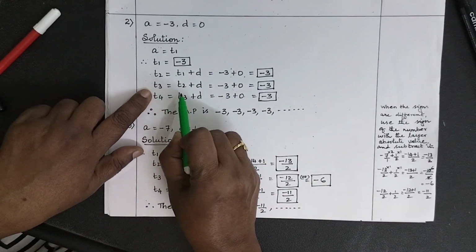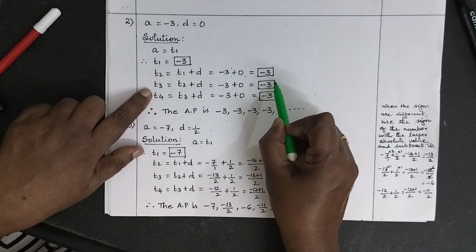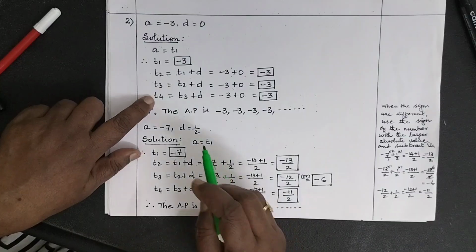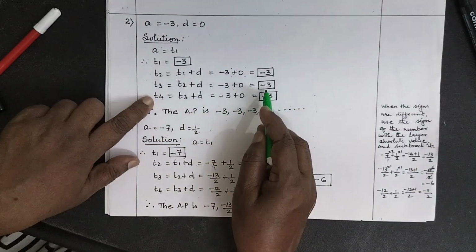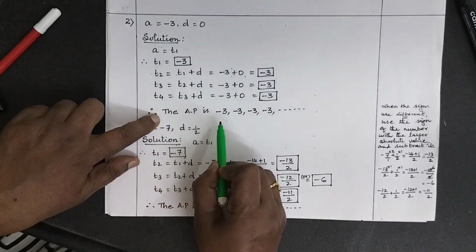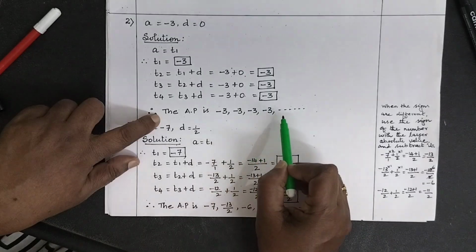And T3 is what? T2 plus D. So T2 is what? Minus 3 plus 0, which is equal to minus 3. Now T4 is what? T3 plus D, which is equal to, again, minus 3 plus 0, which is equal to minus 3. Therefore, the AP is minus 3, minus 3, minus 3, minus 3, etc.